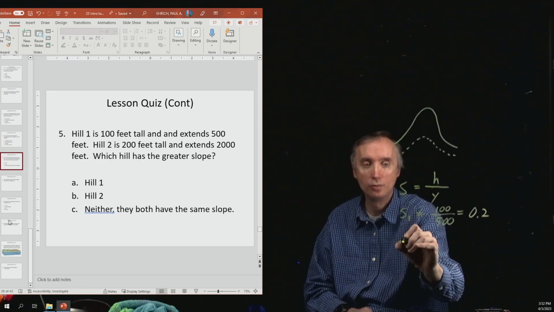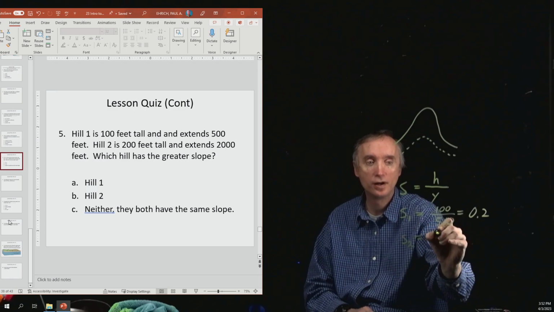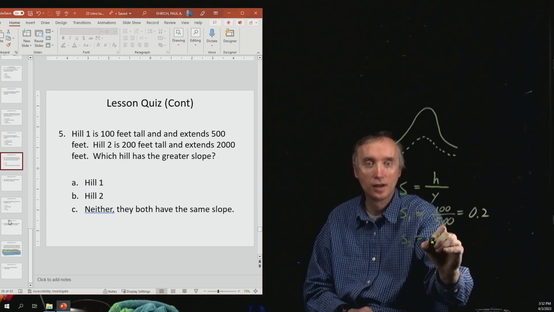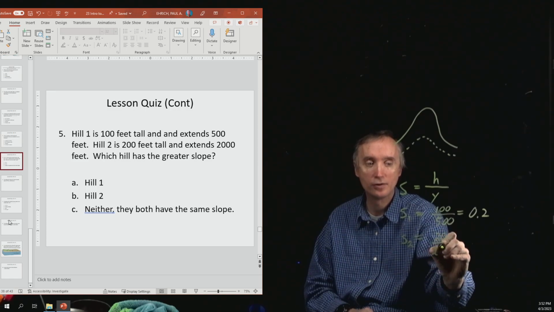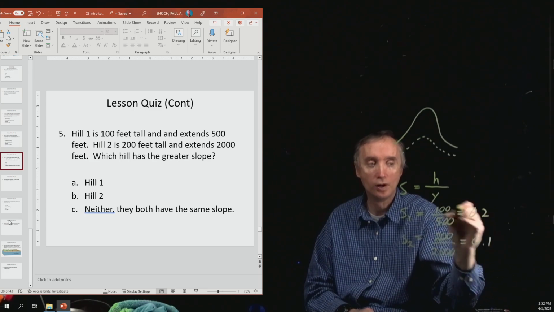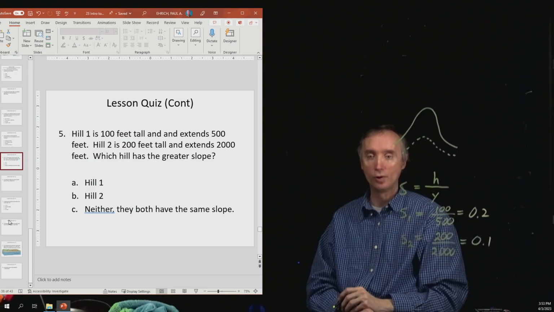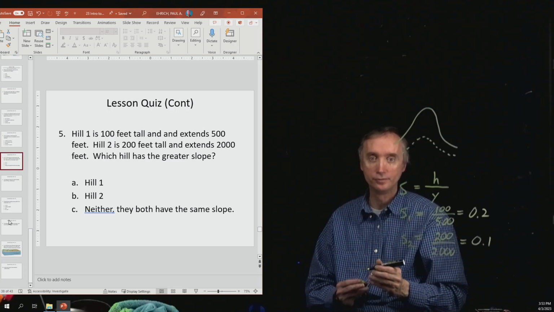And then the slope for hill number 2 is going to be 200 feet tall, divided by its sideways part, which is going to be 2,000. And so that's going to be 0.1. So the steeper one is going to be the bigger one. So that would be hill number 1.